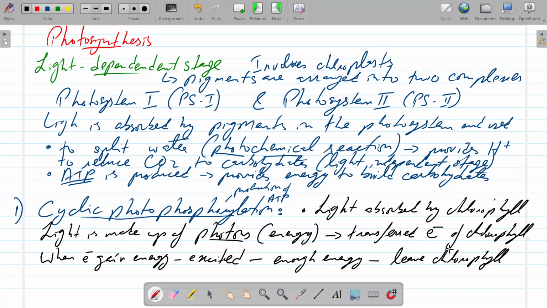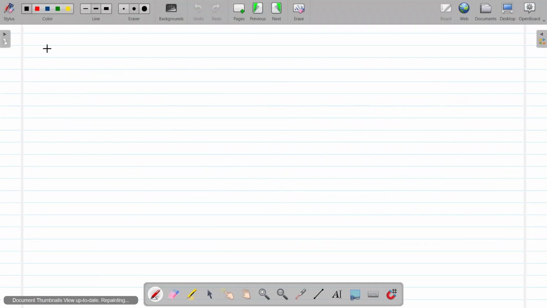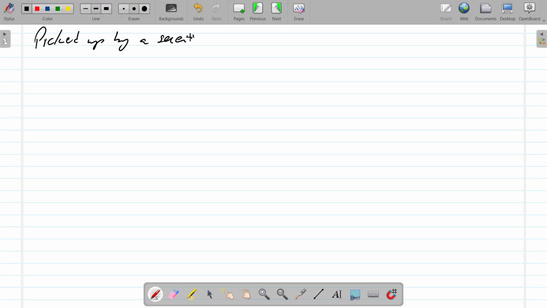Okay, what do they do when they leave? Well, they are picked up by a series of electron carriers, or electron acceptors.